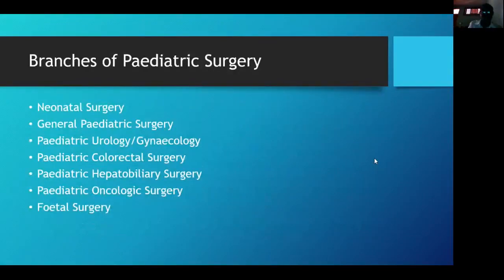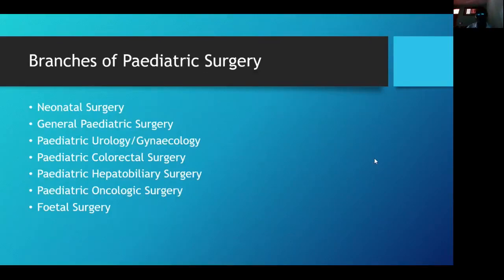Pediatric surgery has many branches, but the parts that we'll be looking at are for those that are specialized in pediatric surgical care. That is neonatal surgery, general pediatric surgery, pediatric urology and gynecology, pediatric colorectal surgery, hepatobiliary surgery, oncology, and of course, fetal surgery, which is still an emerging aspect of pediatric surgery.